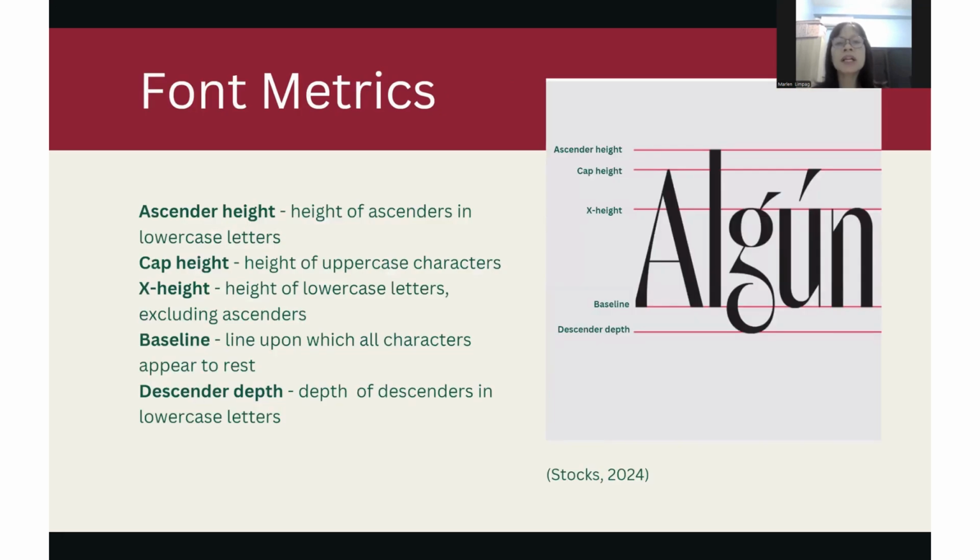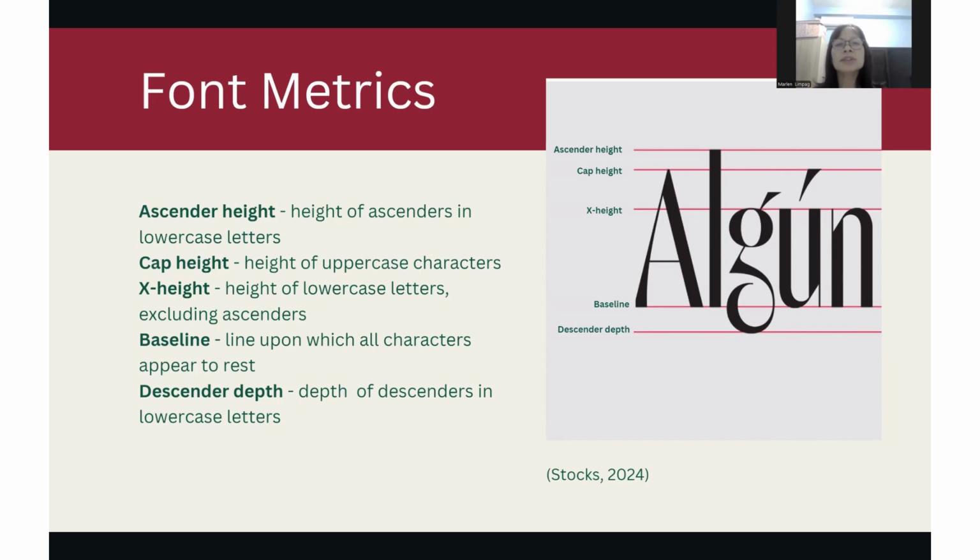Now, all fonts follow vertical metrics or measurements that determine how they are rendered. The common ones that we can expect to encounter when working with letter forms include the baseline, or the line upon which all characters appear to rest, the cap height, or the height of uppercase letters, the X height, or the height of lowercase letters, excluding the ascenders.